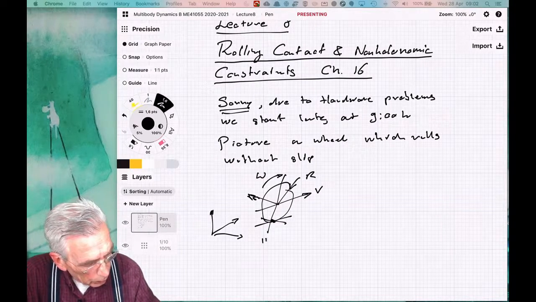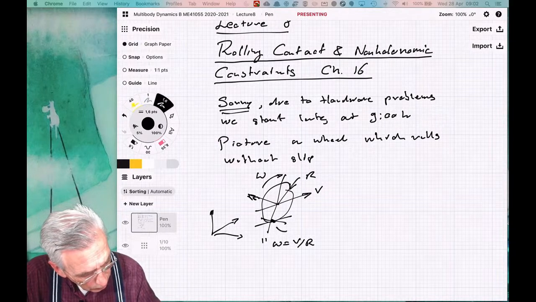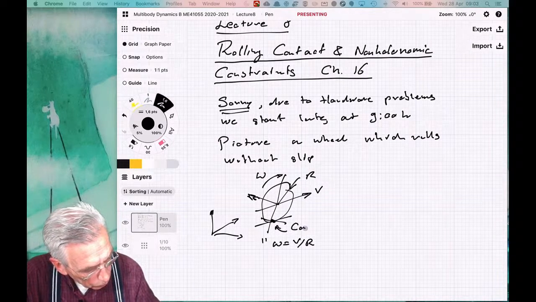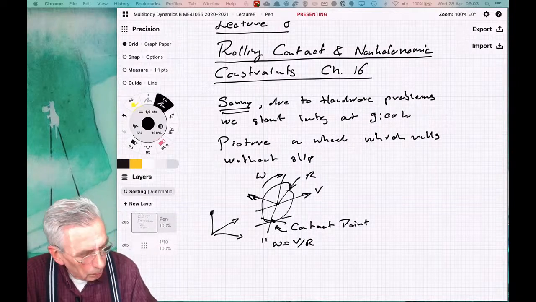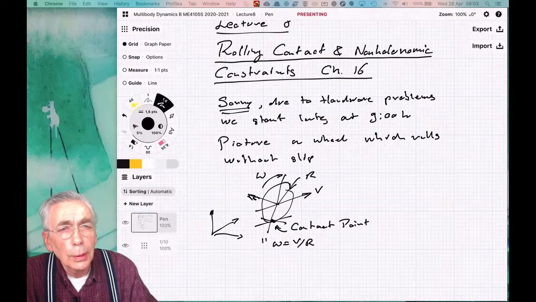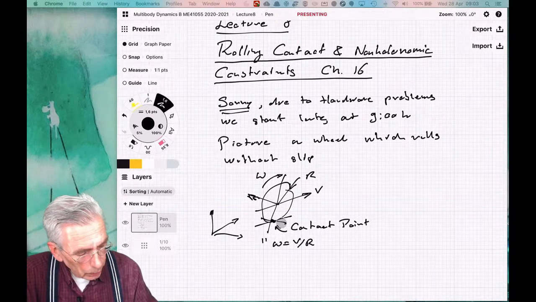We know that omega is v divided by r. And this is what we call the contact point, and that is what the whole thing is about: in this contact point we have no slip. That connects the forward velocity with the rotational velocity.